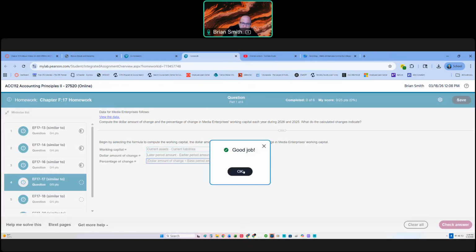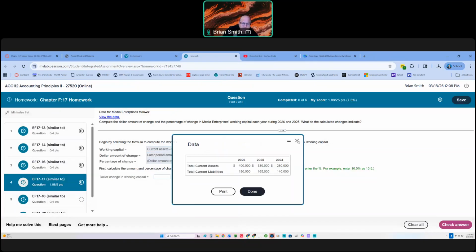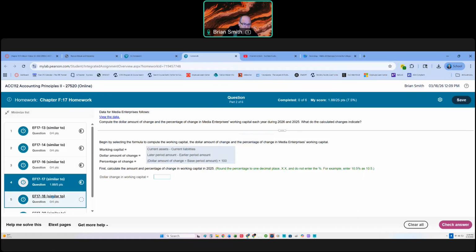I'll check those for you. You guys should really have those there. You should be able to just plug and chug this. Current assets minus current liabilities is the dollar change in working capital. You have current assets and current liabilities, so you can calculate that. That's subtraction.